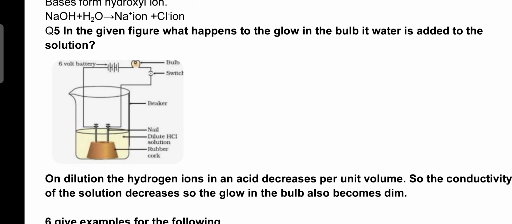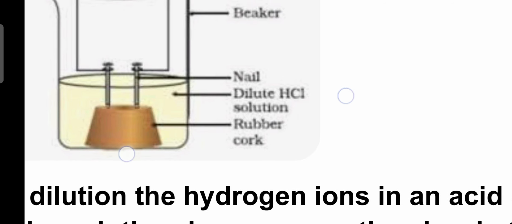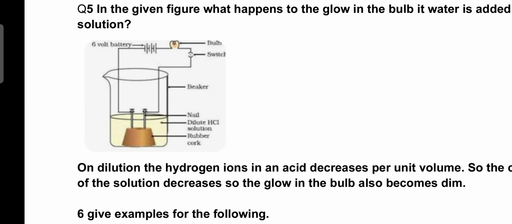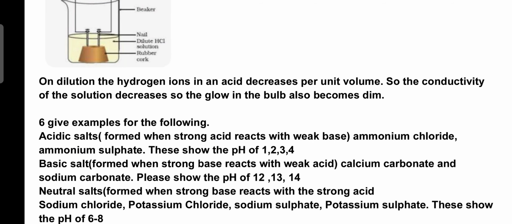Now when HCl is added to the water, it will form the free ions, that is H3O plus and Cl minus ions. But when we dilute the same solution by adding more and more water to it, the number of hydrogen ions or hydronium ions per unit volume decreases.